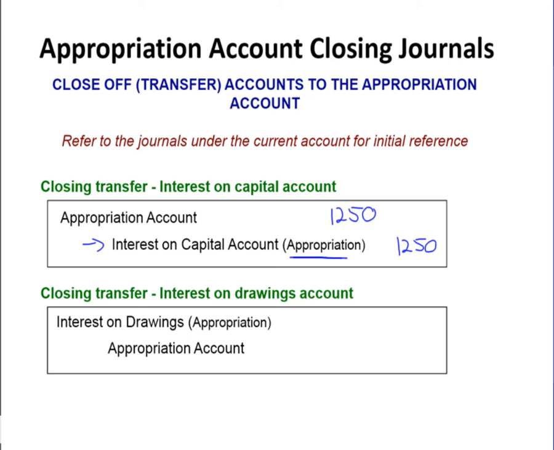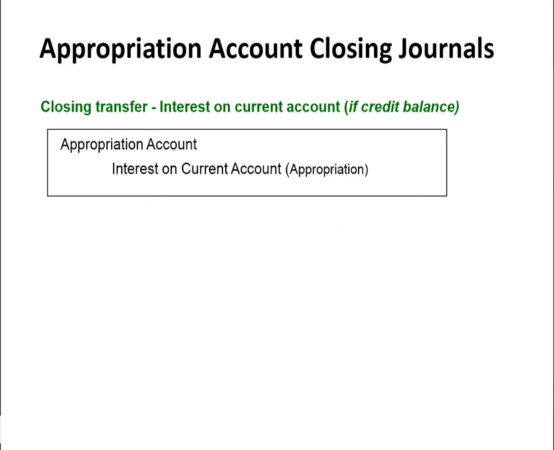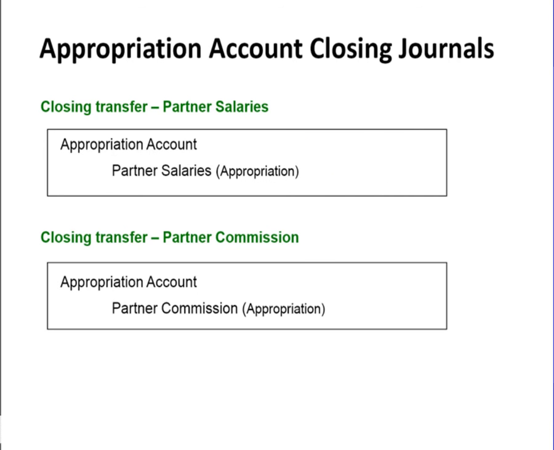The interest on the drawings was 400, and this time we are crediting the appropriation account and clearing out the interest on drawings. Then the interest on the current account, we were dealing only with credit balances, so here we're dealing with 193 being transferred in and debiting the appropriation account. Nice and easy.